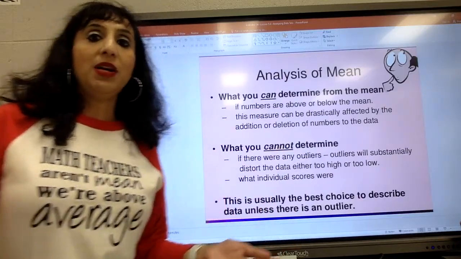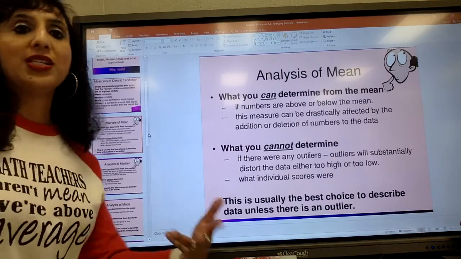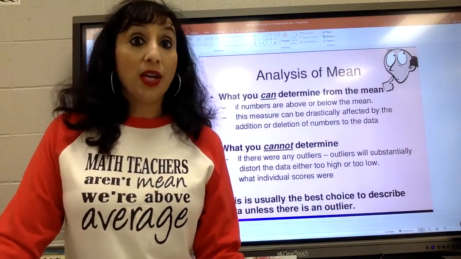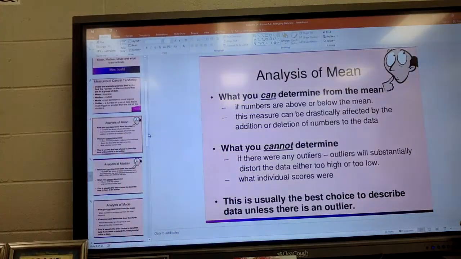So it is hard to determine if the outlier is distorting the data and what the individual scores were, because you just have the average of all the scores. Again, this is the best choice to describe data unless there is an outlier.